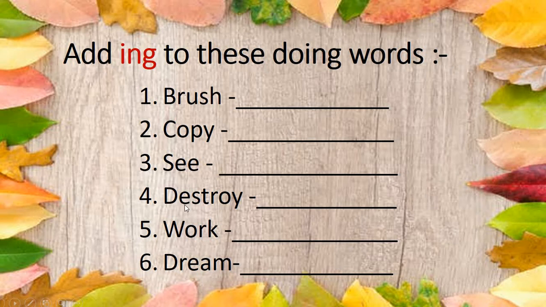What you have to do in these words? You have to add ing to show that the action is happening now. These are doing words, no? For that, you have to add ing. In lesson number 11, to show the action happened just before, we add ed.